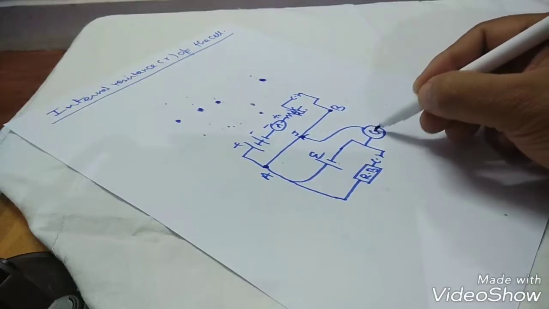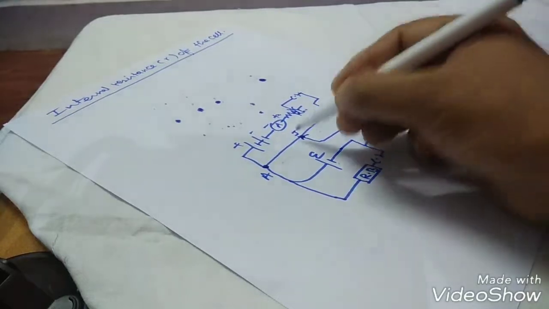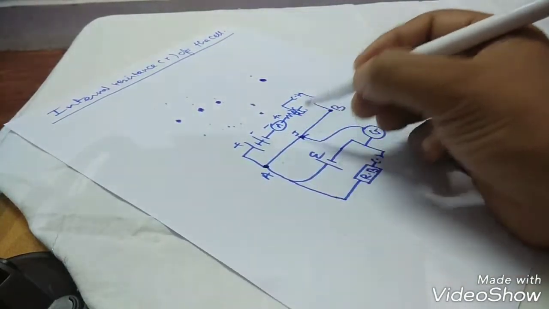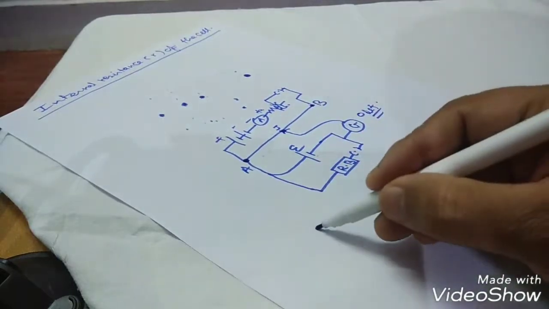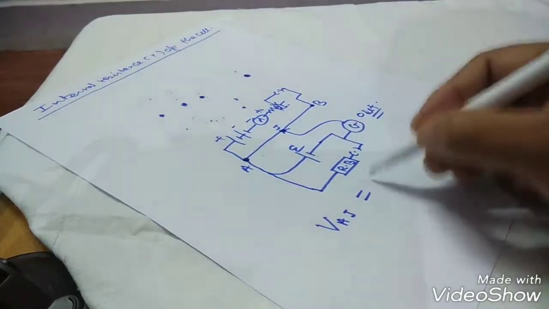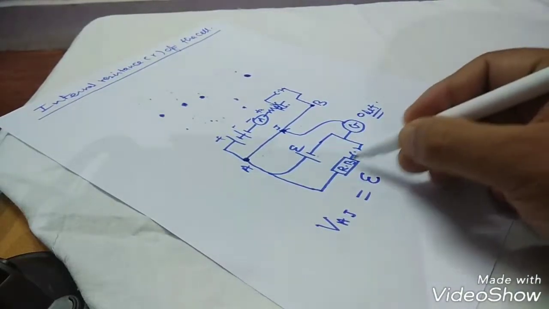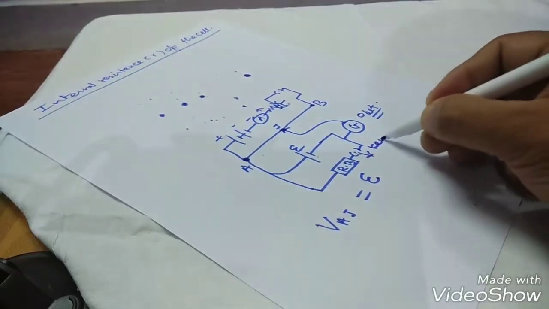That means G is showing zero deflection. If it is showing zero deflection, that means potential drop between A and J, that is VAJ, is equal to EMF of this cell, because this is out of circuit. In this case, this key will be open.